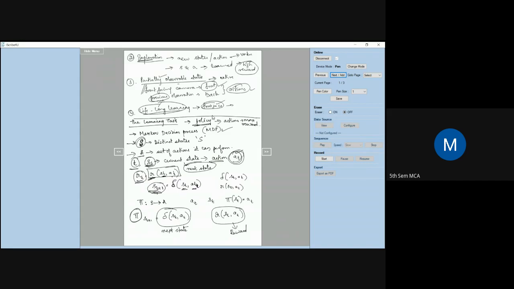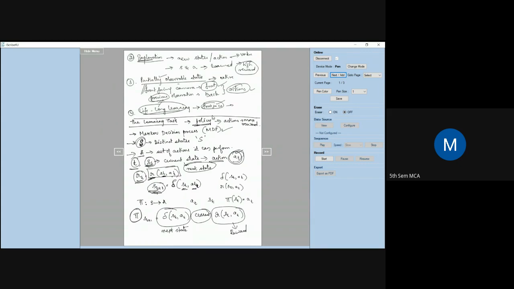In case of MDP, these two functions depend only on the current state, but they don't depend on any of the earlier states or actions. That is, we are not considering any previous observations. When you apply the MDP concept, we are considering only the current state. All right.